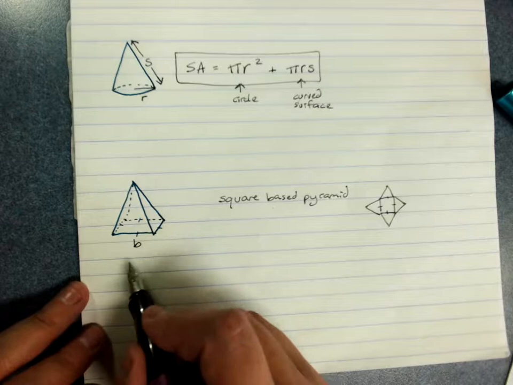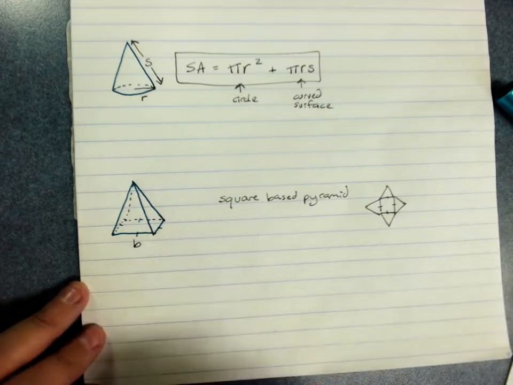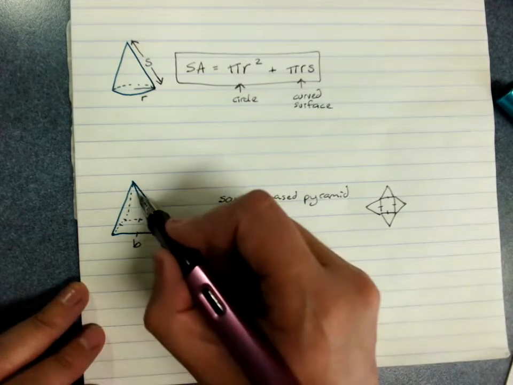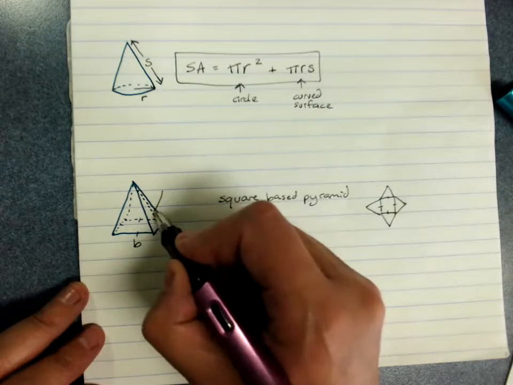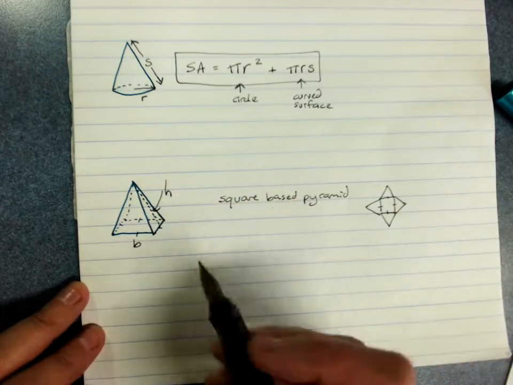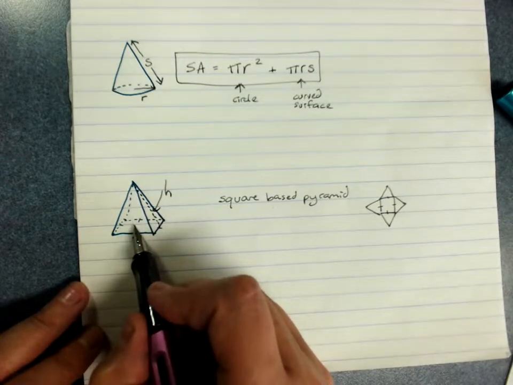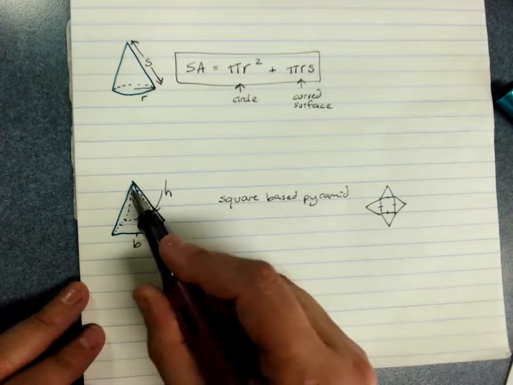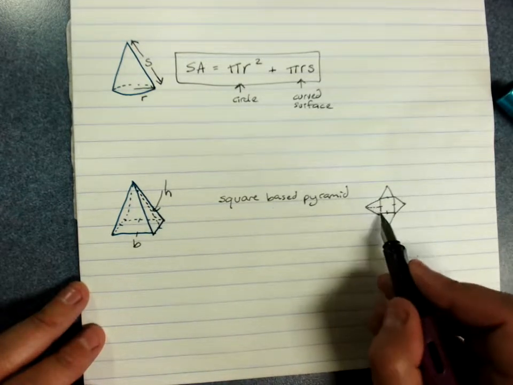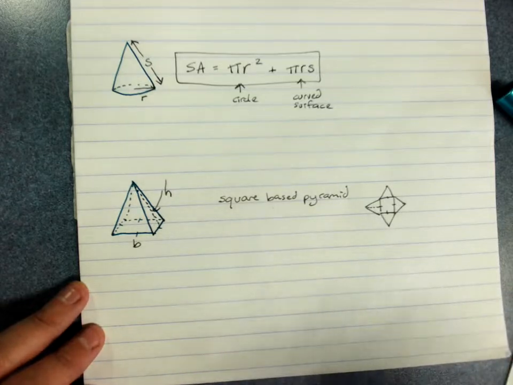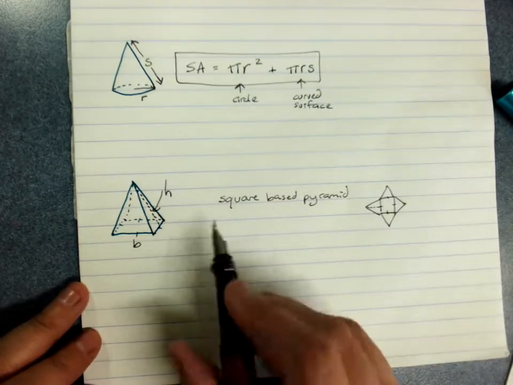So we've got the base length of our pyramid, and we also have the height of each triangle, not the perpendicular height of the pyramid, which we use for its volume, but the height of each triangle, because we need that distance there, the base and the height of the triangles, to get the area of the triangles.